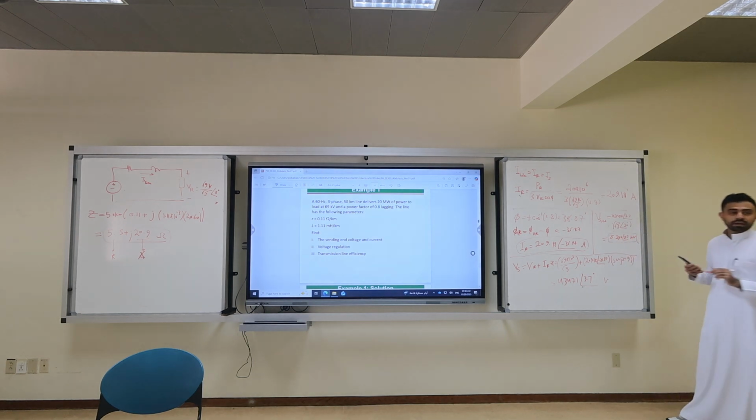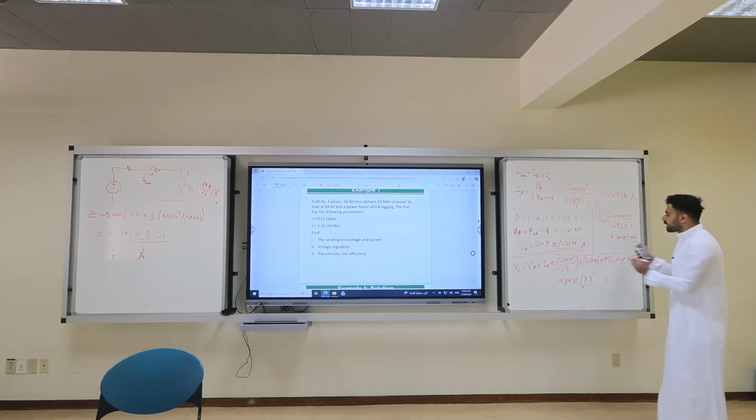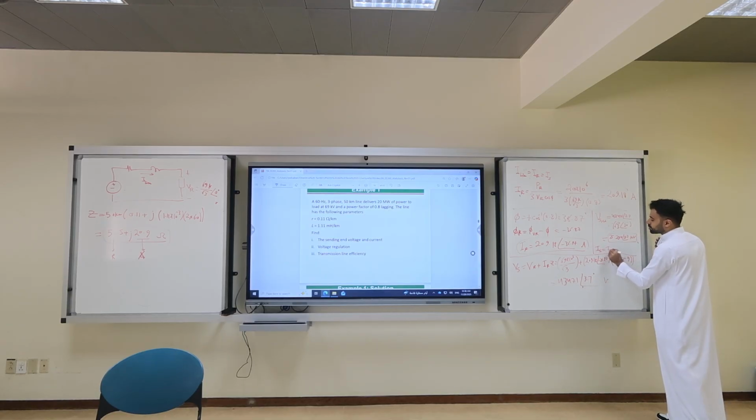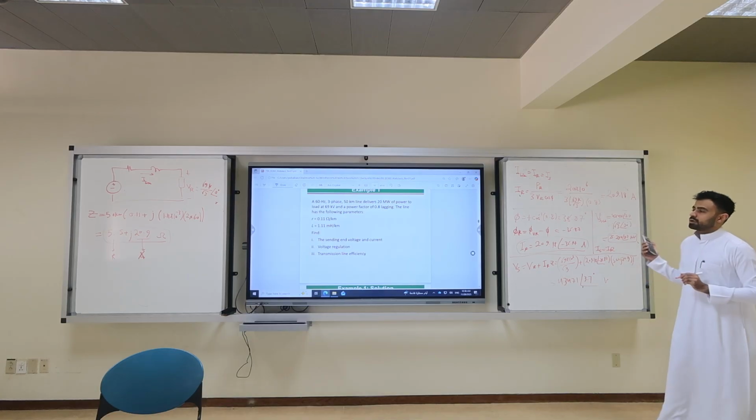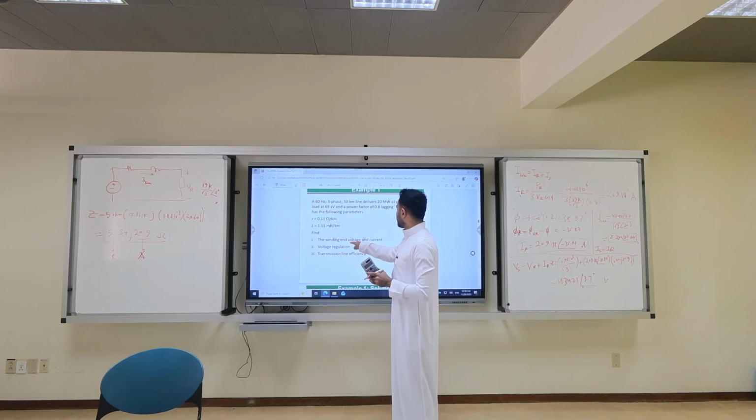We love line to line. IS equals IR, so no need to write it down. So we calculated the sending end voltage and current.